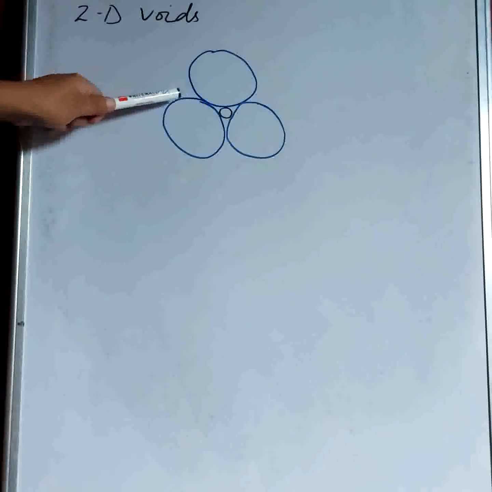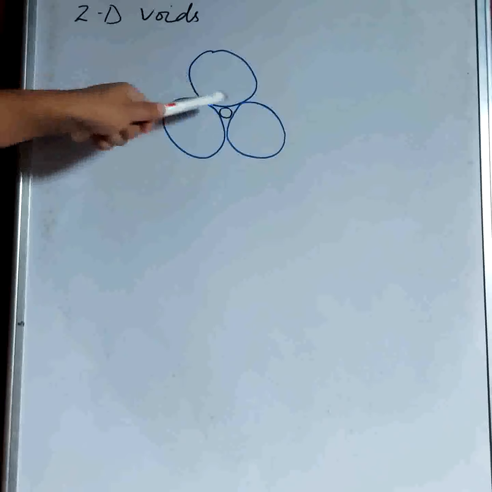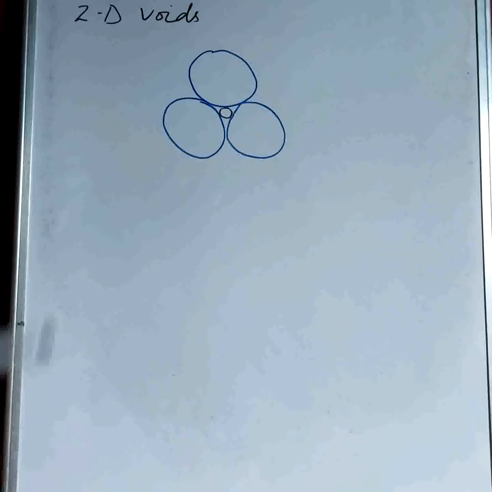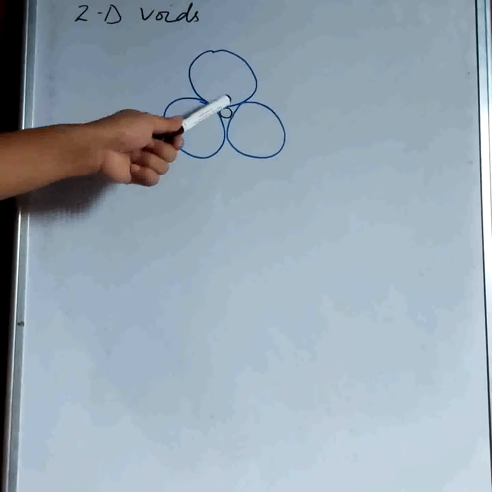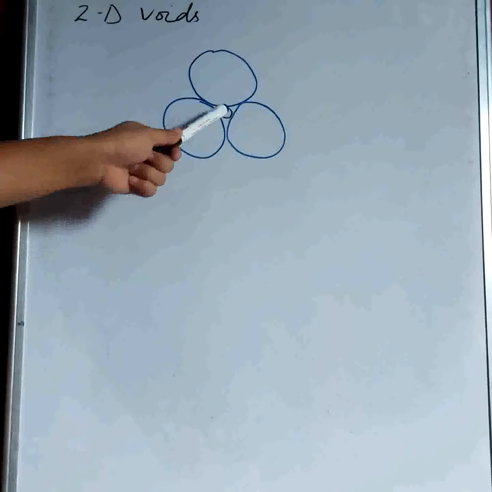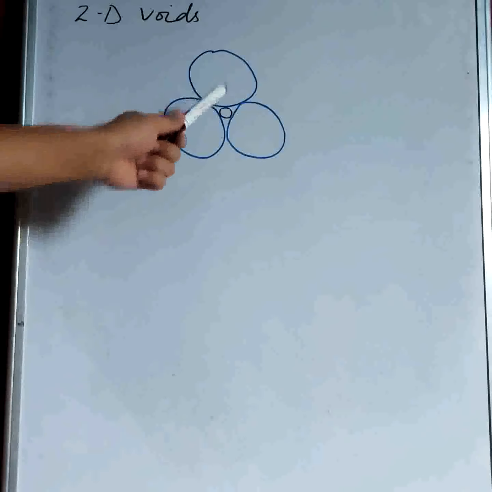Now we can think about these bigger atoms as the anions and the smaller one inside the cavity, the empty space, we can consider to be the cation. Now we can calculate the radius ratio between these two entities.